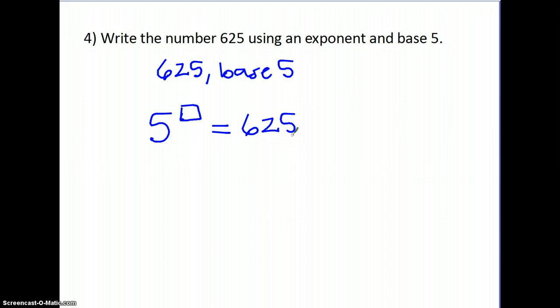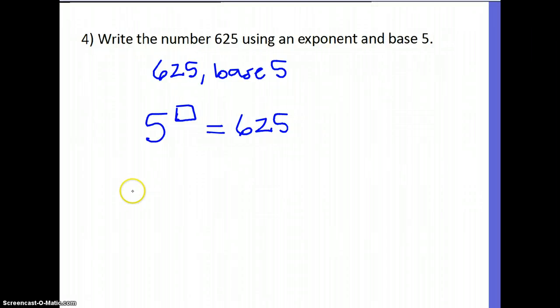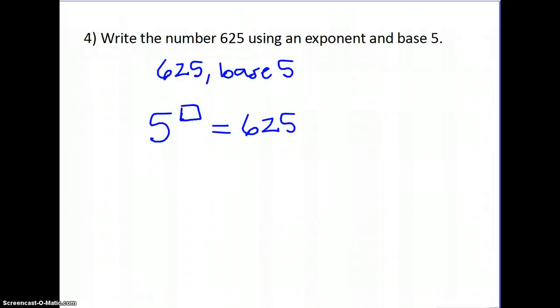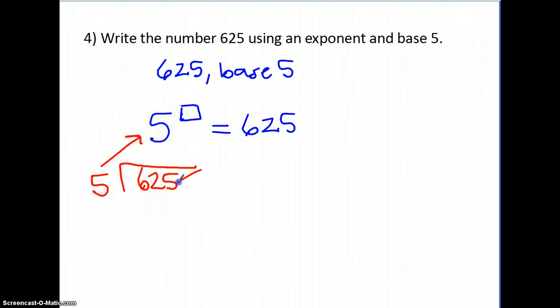And if you don't know this off the top of your head, and most of you won't, we can set up our division houses. So we put 625 underneath the house, and we put 5 on the outside. The 5 comes from the base, and the 625 comes from the problem.